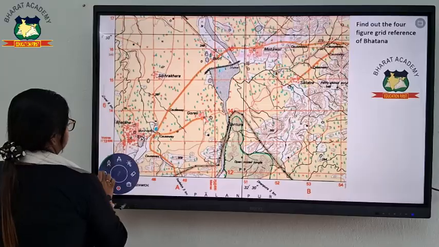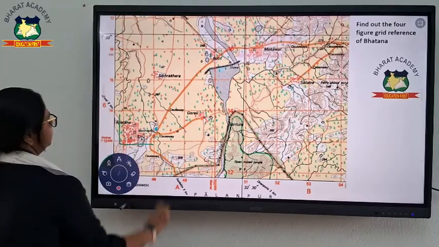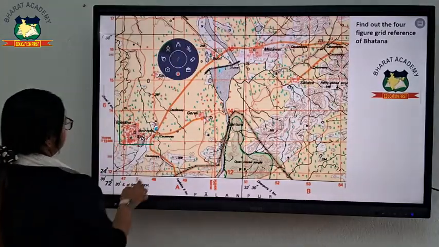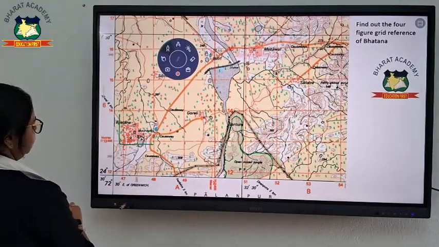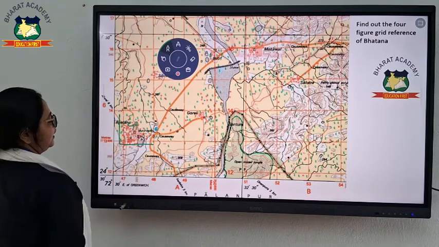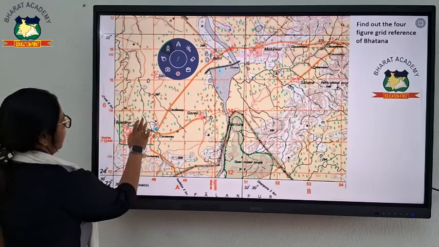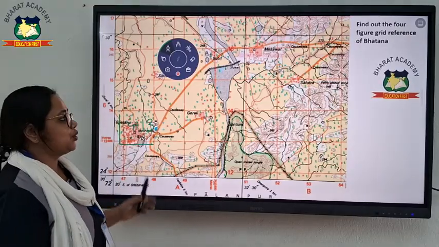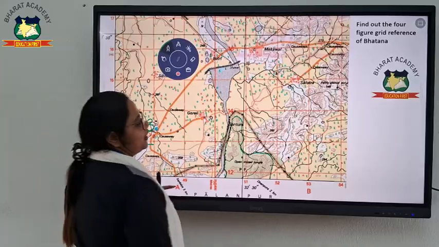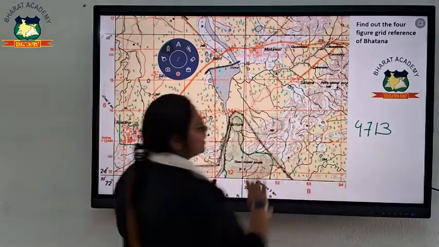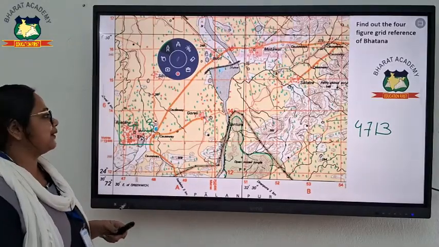I am writing L here. What value are we getting? We have 47 as the left line, and 13 as the bottom line. So the 4-figure grid reference of Bhatana is 4713. Isn't it that easy?